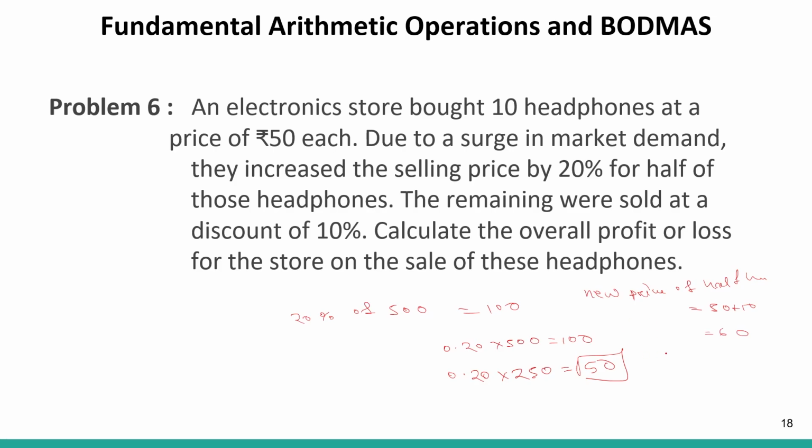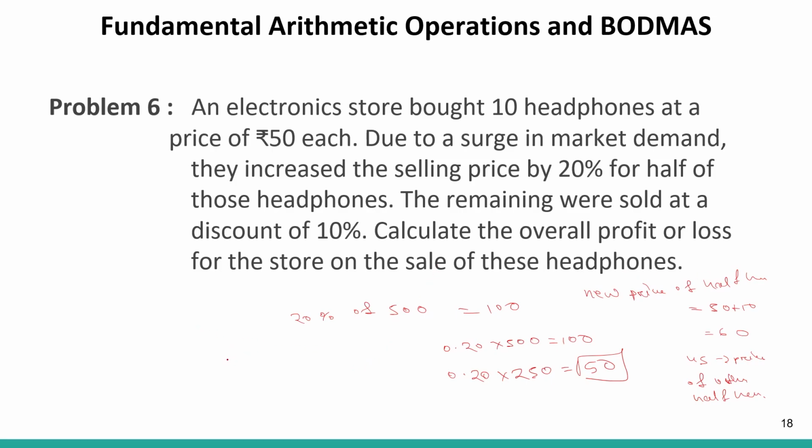Since the other half is sold at a discount of 10%, 10% of 50 is 5 rupees, so it will be sold at 45 rupees, the price of the other half of the headphones. Now calculate the overall profit or loss for the store on the sale of these headphones.